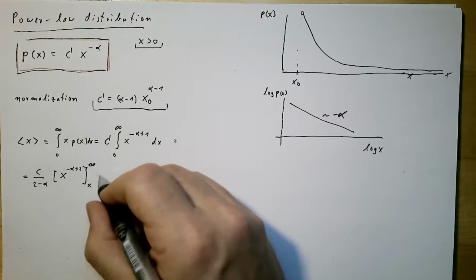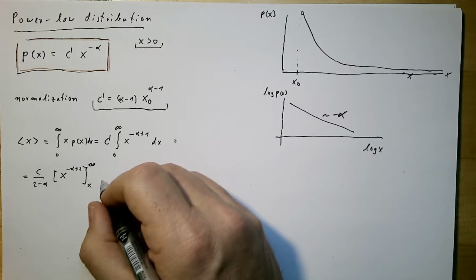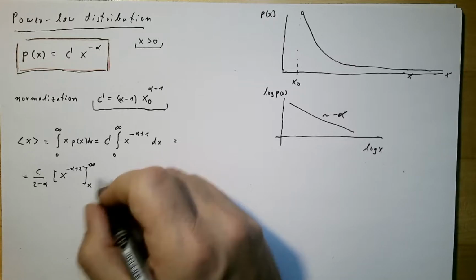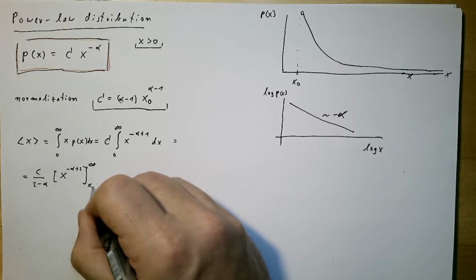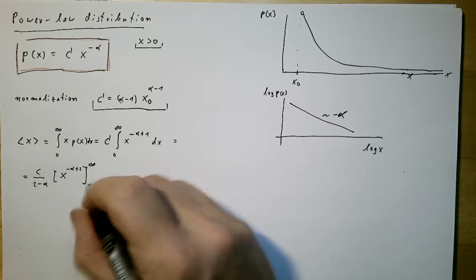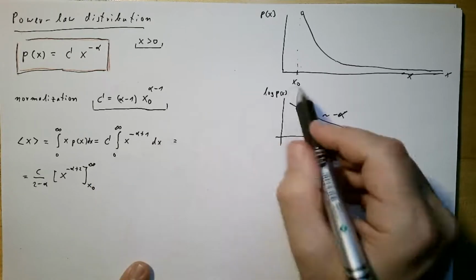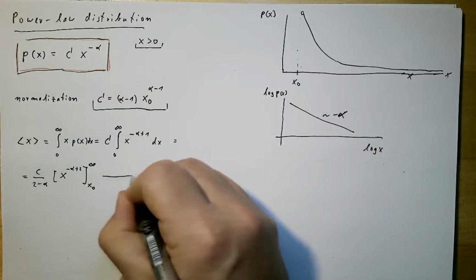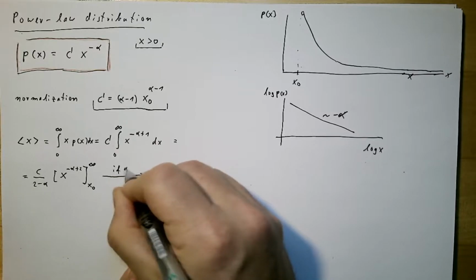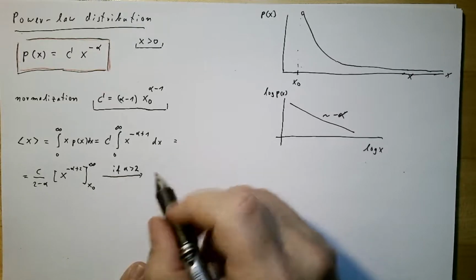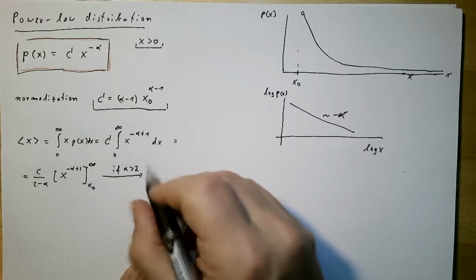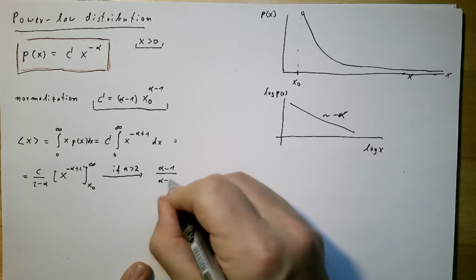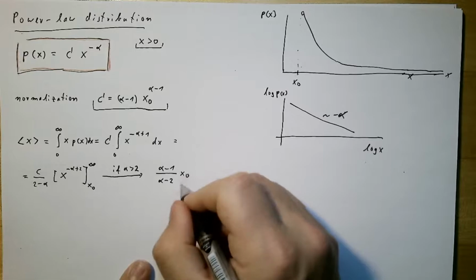Only if alpha is larger than 2, and we integrate of course only from x0, because only from this value we have contribution, and then plug in the normalization constant, we will find this is alpha minus 1 over alpha minus 2 times x0.